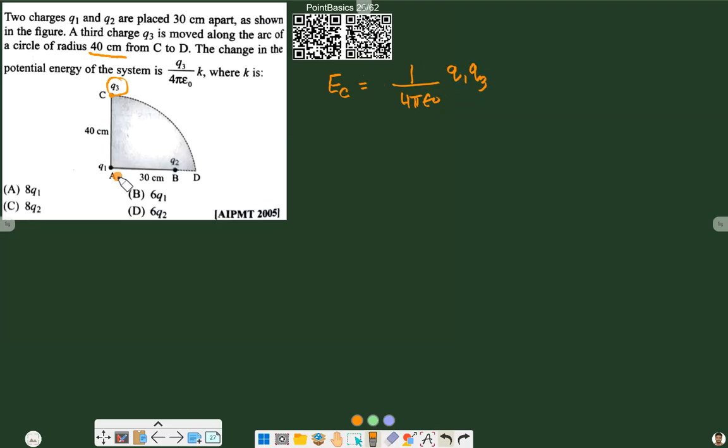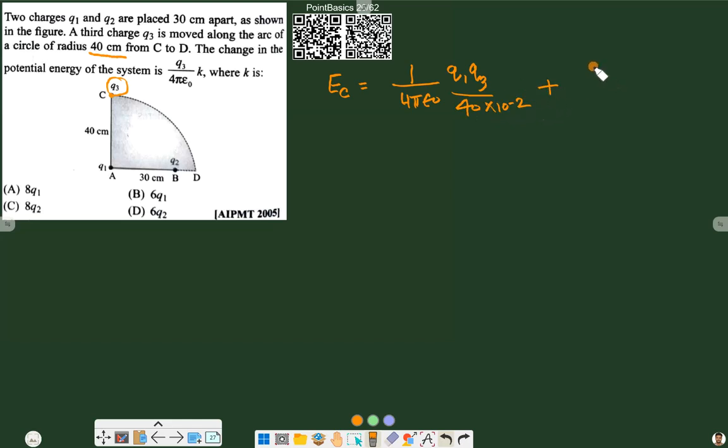Q1 here produces the potential, and Q3 in this potential has some potential energy, divided by distance, that is 40 centimeter, or 40 into 10 raised to power minus 2.